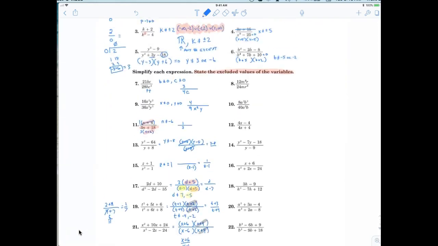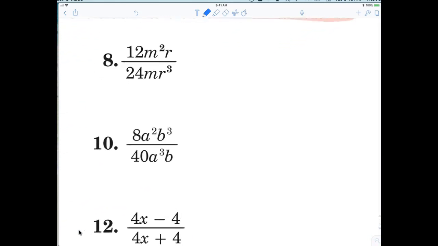All right, here we go. Let's go back up here. Okay, remember, reduce the fraction. 12 over 24, you should be able to see that's just what? 1/2. Now you just strictly look at the variables. How many on top, how many on the bottom, and how many are left?